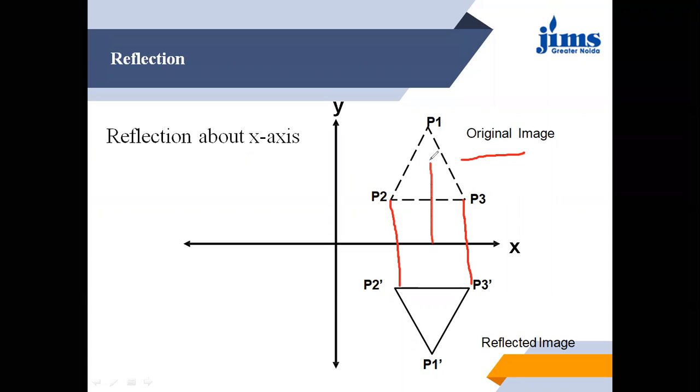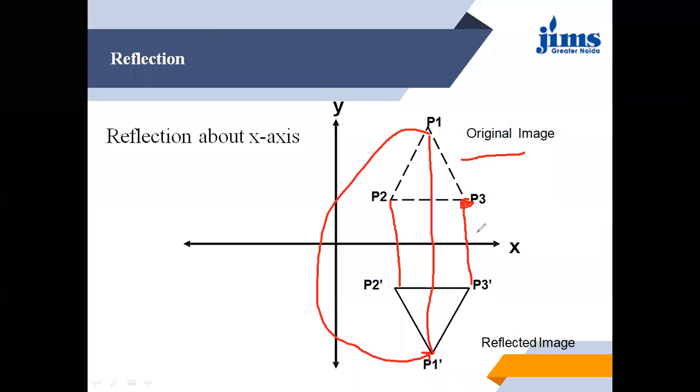The distance of this from the x-axis is this, so this will come by reflection over here, means equal distance from the x-axis. Whatever the distance this point has from the x-axis in the upper direction, the reflected point also has the same distance from the x-axis but in the other direction.